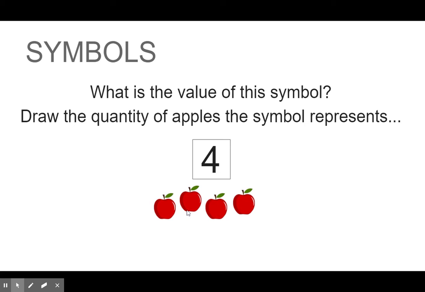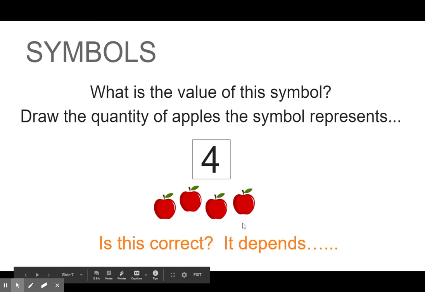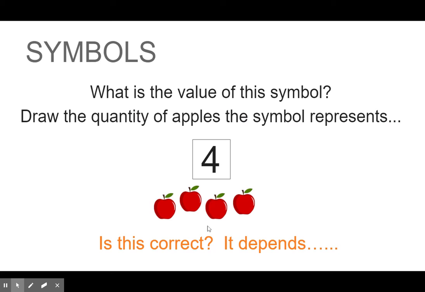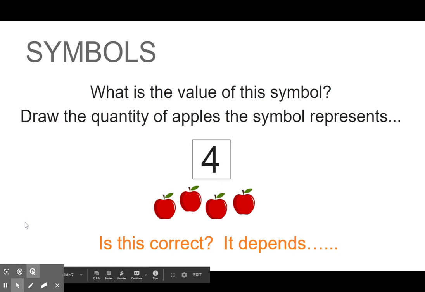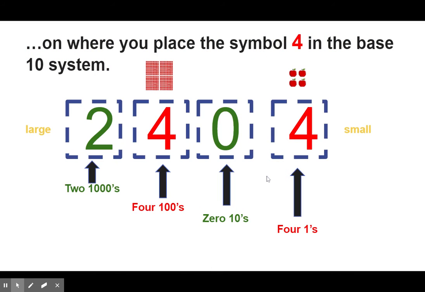Obviously, I'm not talking about the color and the actual leaf and the stem, but you probably came up with or are thinking about something like that. Well, is this correct? I would say it depends, right? And what does it depend on? It depends on where you place the symbol 4 in the base 10 system.